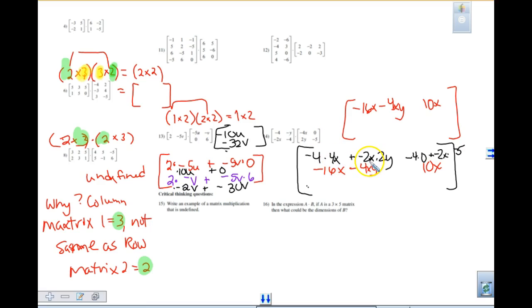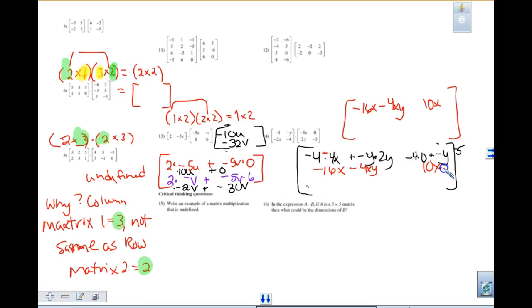This should have been negative y. Oh my gosh. Stop me. Negative y times 2y, right? And this should be negative y times negative 5. Oh, you guys. Negative 4x, and then the 2y, 0 and negative 5. Okay.